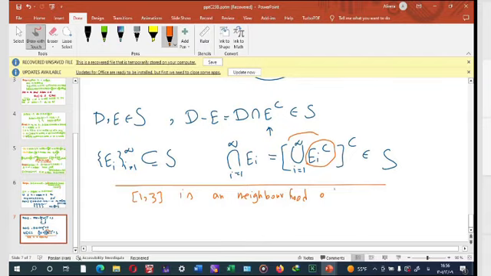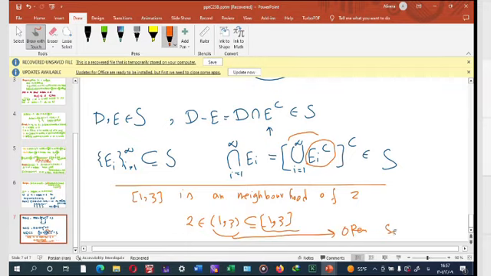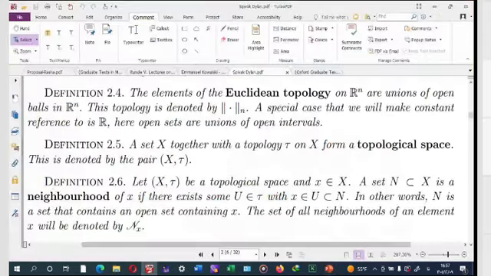Of 2, for example, because we can consider 2 as an element in (1, 3), and this is a subset of this set, so that this is a neighborhood. There exists an open set, and this open set contains 2, and this is a subset of n. This is n, for example, in this definition, and U is our open set.